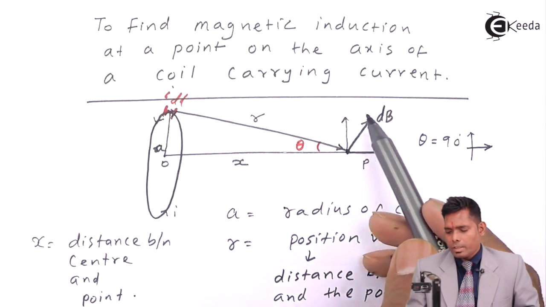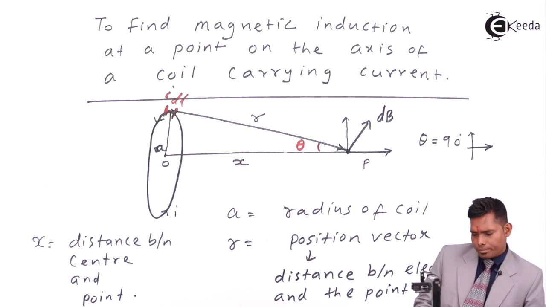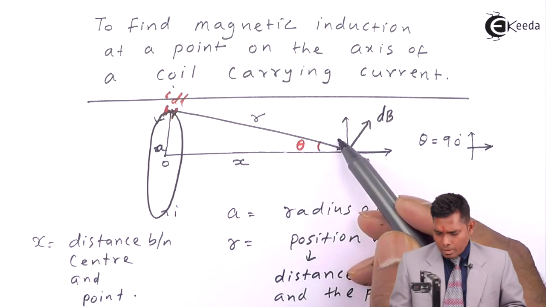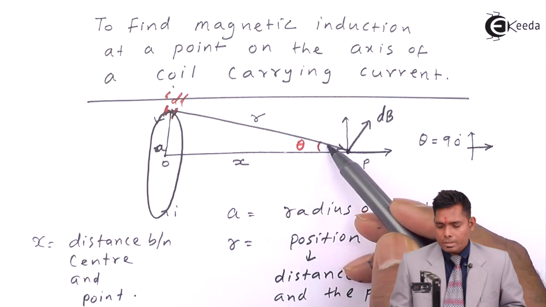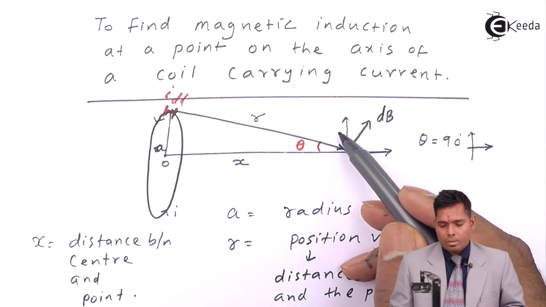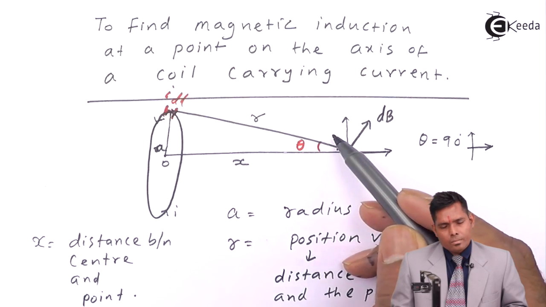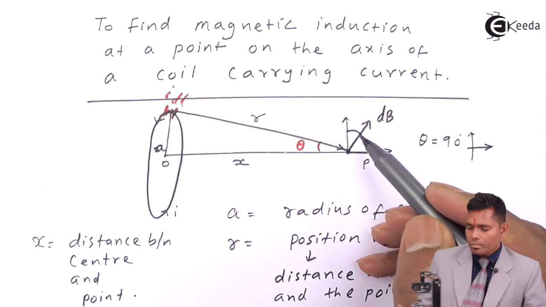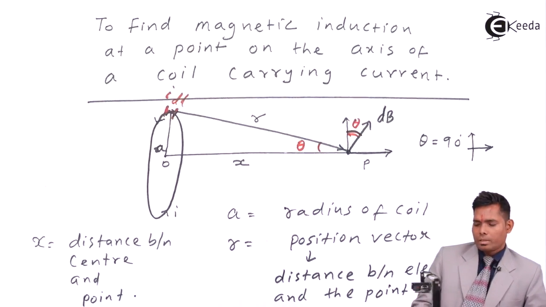This and that also is 90 degree because it is the outcome of the cross product of ideal and R. So you can see that if this is theta, this angle will be 90 minus theta, because the sum of the two should be 90. This angle plus this angle, the sum should be 90. So this is 90 minus theta. Again, if this is 90 minus theta, this is 90, so this should be theta. So this angle is now also theta. This angle is theta, that angle is theta.